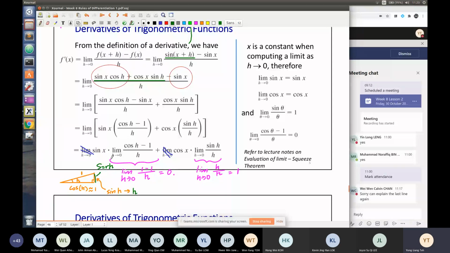Radius is 1. So you have 1 times h. So the arc length approximates the vertical projection very well when you have small h. We have gone through this part in the squeeze theorem before, but maybe it is clearer with the illustration here. Is that all right, Kevin?